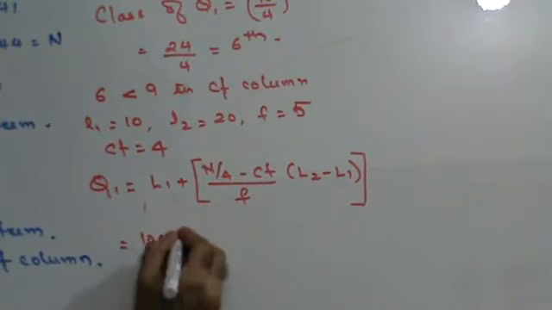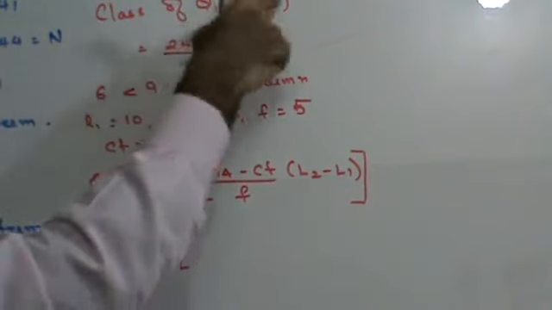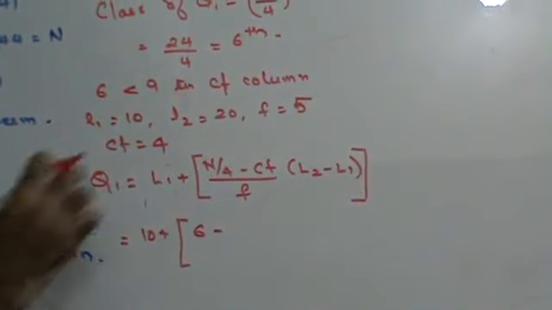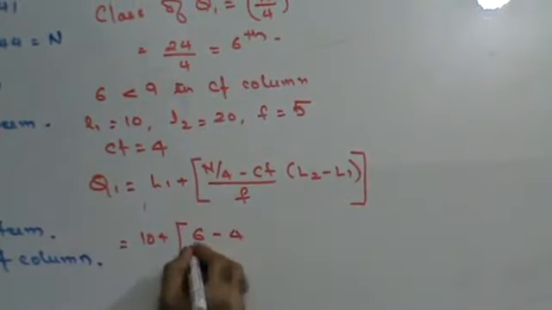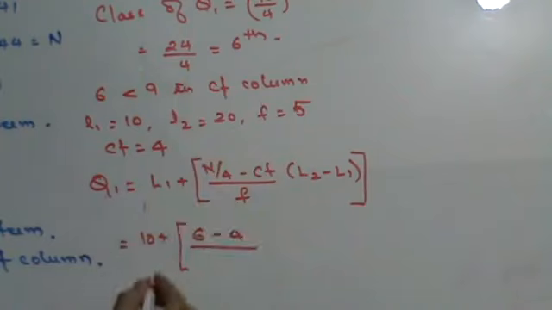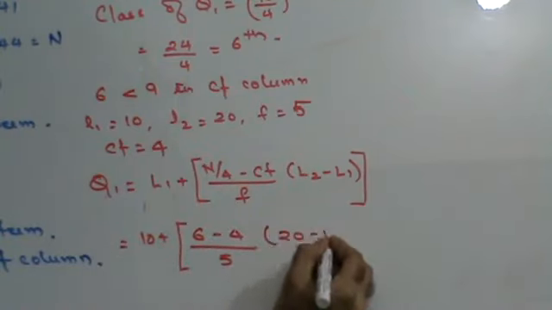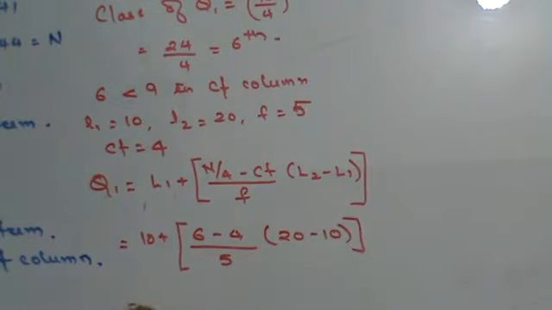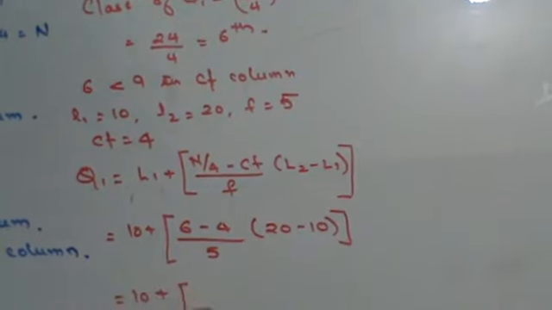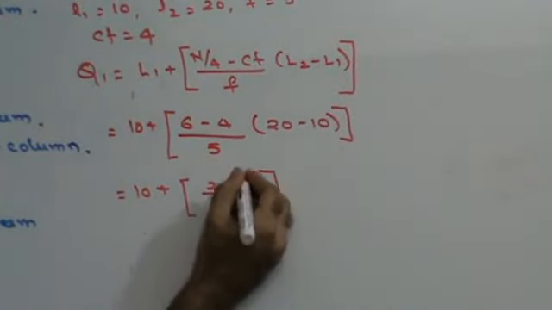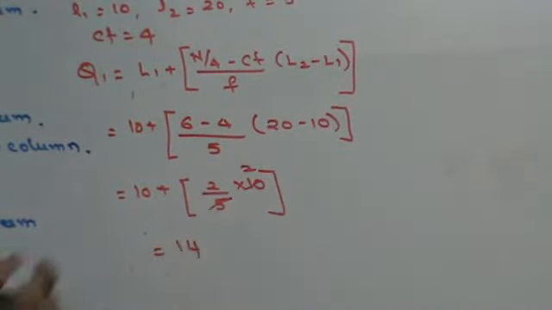L1 is 10. n by 4 we found as 6, minus CF, which we found as 4, upon F, which is 5, into L2 minus L1, 20 minus 10. So this is 10 plus 2 upon 5 into 10, that is 10 plus 4, 14. So Q1 is going to be 14.